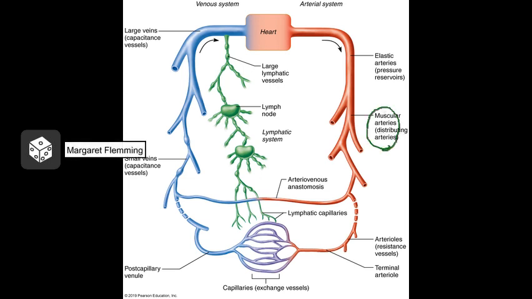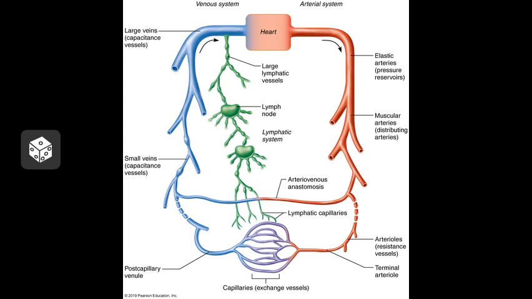Branching off of these muscular arteries, we then see a lot of branches to very small vessels that are called arterioles. Arterioles have a tunica media that is all smooth muscle, and for that reason, this is where we see the majority of the influence of creating a larger lumen or a smaller lumen of these blood vessels.